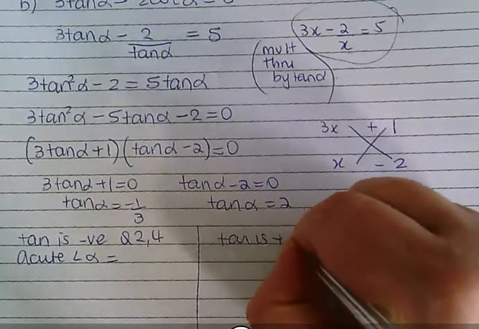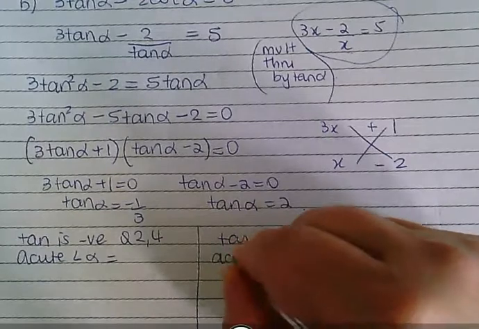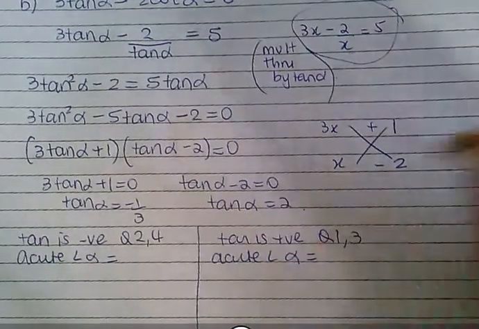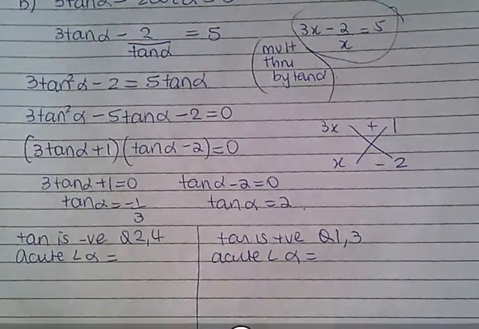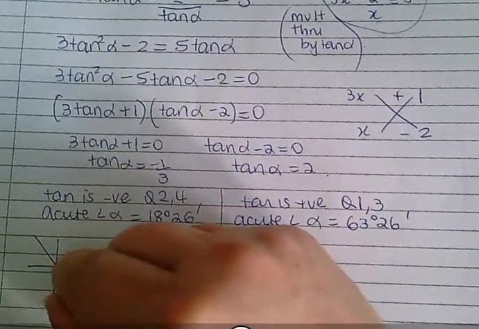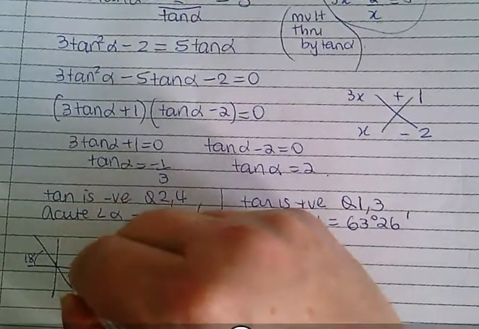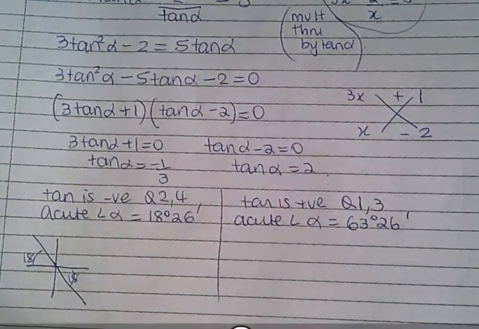Tan is positive in quadrants 1 and 3, and the acute angle alpha is, anyone? 2 and 4 here and there. So your 18 sitting there and there, the 18, whatever it is, I'll just put it roughly, you don't have to write it out completely.